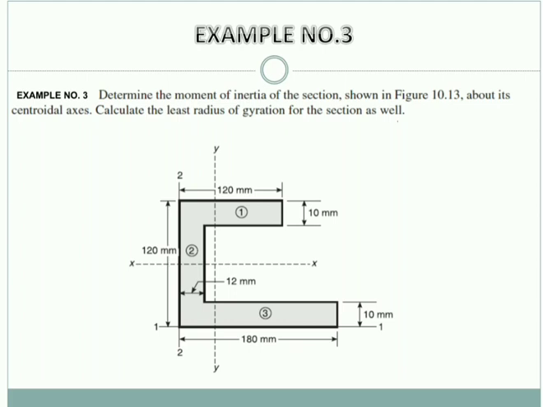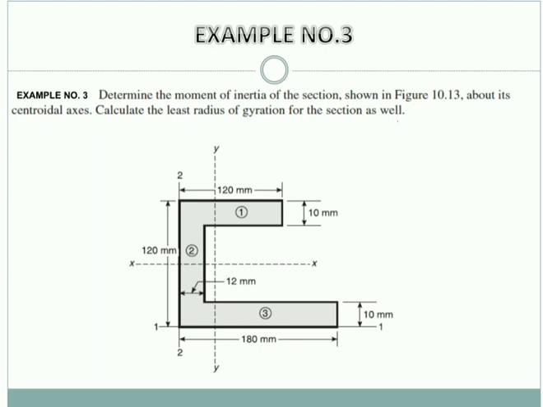So here we have to find I bar x and I bar y, which are the moments of inertia of the entire figure about the centroidal axes, and going further, we also need to calculate the radius of gyration. We have discussed radius of gyration in our initial videos. Once again, when we come to this problem, we will have to apply those formulas.